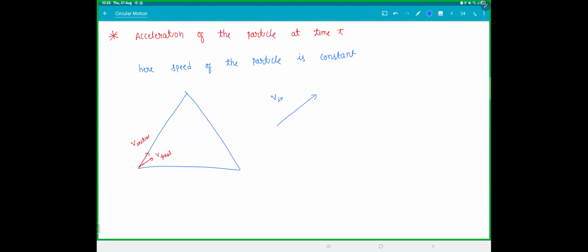This is your v initial, which is v, and let's say this rotates by a small angle d theta. I'm just exaggerating this. This is v final, and both the magnitudes are the same.